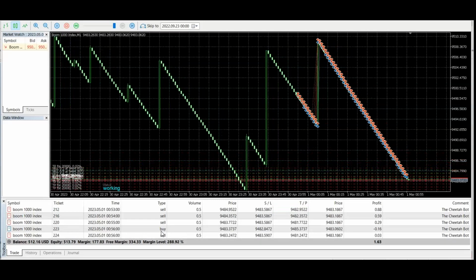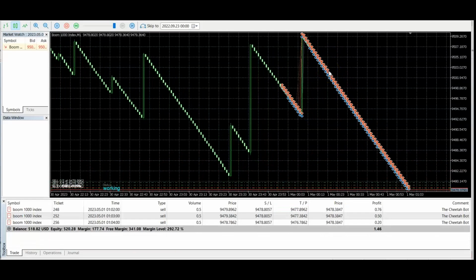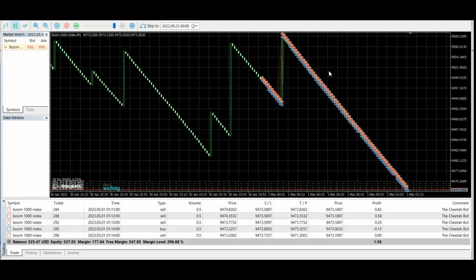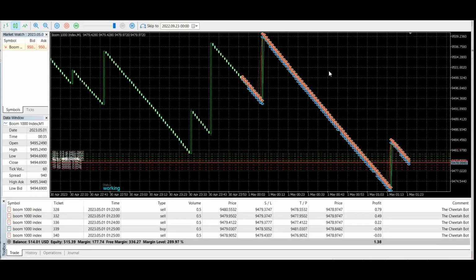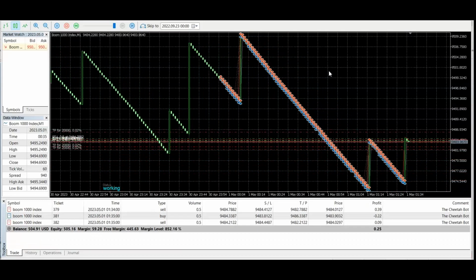So let me just reveal to you what the EA actually uses. The EA uses candlestick patterns. Let's say, for example, it will see a bearish candle, it will just keep on taking sell, sell, sell.